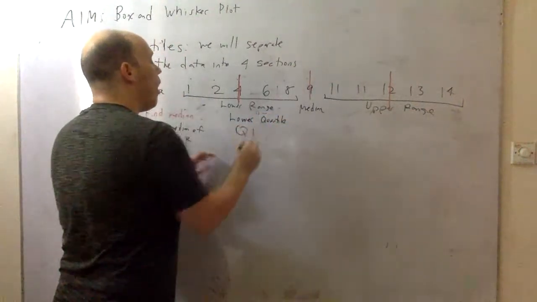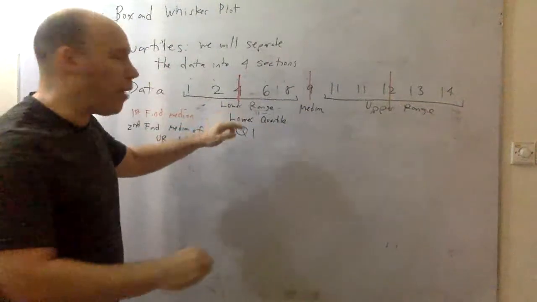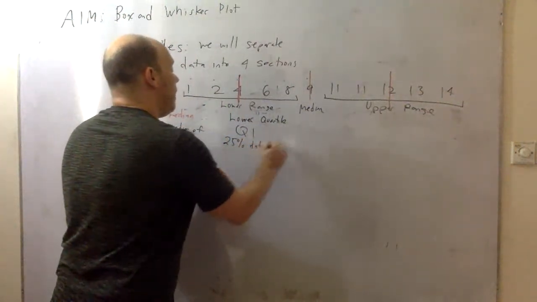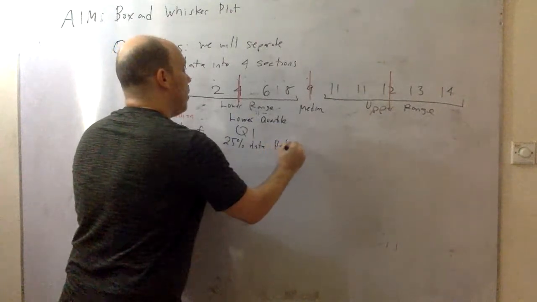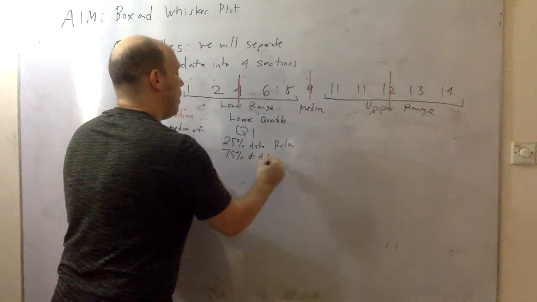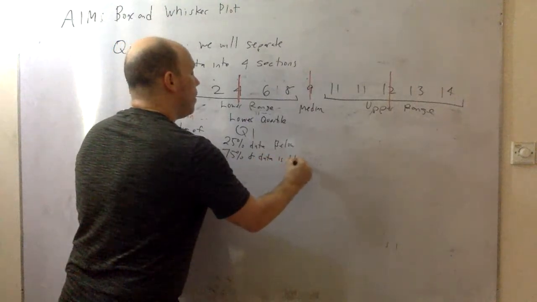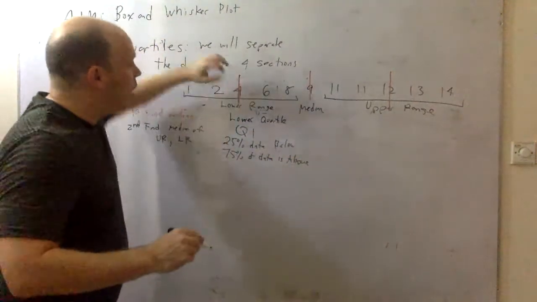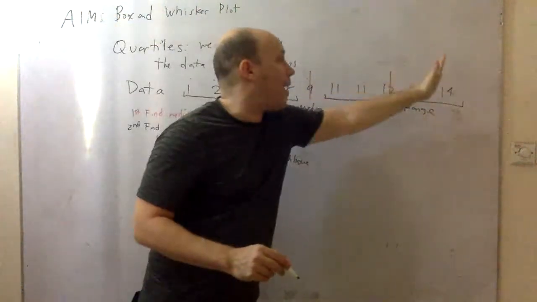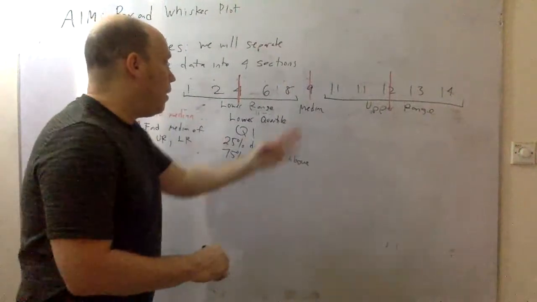We're going to call it Q1, and it's the lower quartile because 25% of the data is below, and 75% of the data is above. You can visually see that. 25% of the data is below 4, and 75% of the data is above 4.